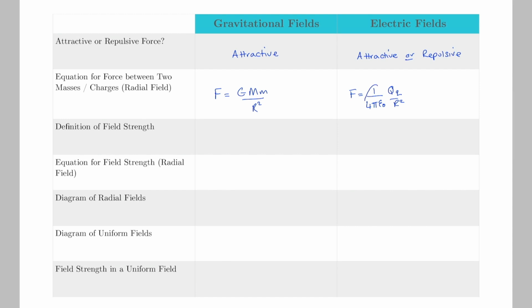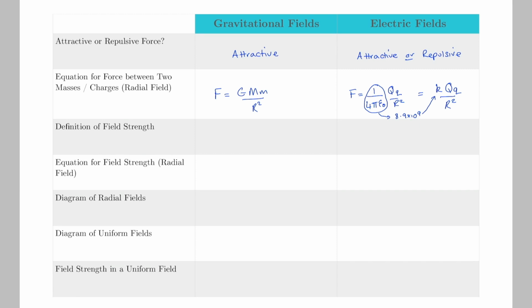I tend to make this equation much easier for myself by just recognising that this whole 1 over 4 pi epsilon naught is equal to 8.9 times 10 to the 9. So we simplify this equation by saying k q q over r squared, and this k value is equal to 8.9 times 10 to the 9. And you'll recognise that the force between the two masses and charges is exactly the same. We've got a constant times the product of the masses, or the product of the charges, divided by r squared.